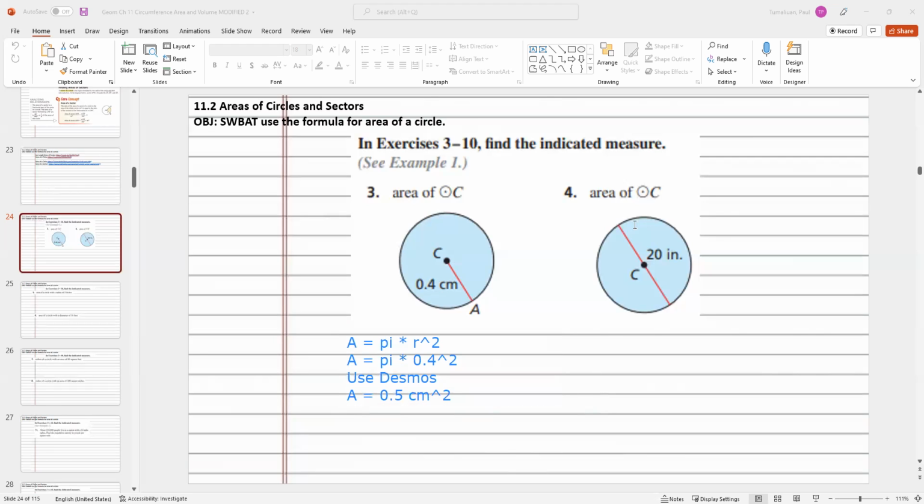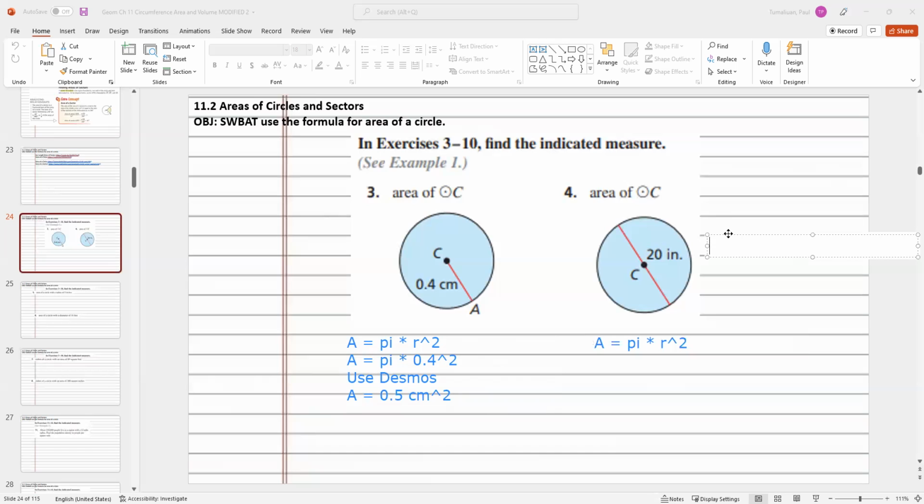All right, and then over here, I'm going to find the area of the circle C, and its area equals pi r squared. But notice that they didn't give us the radius, they gave us the diameter.